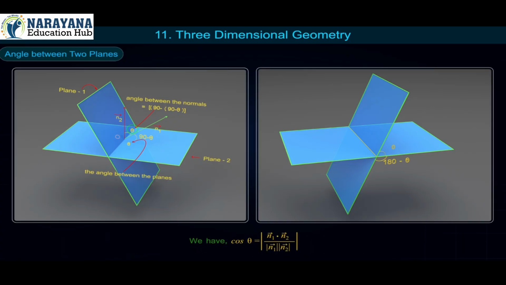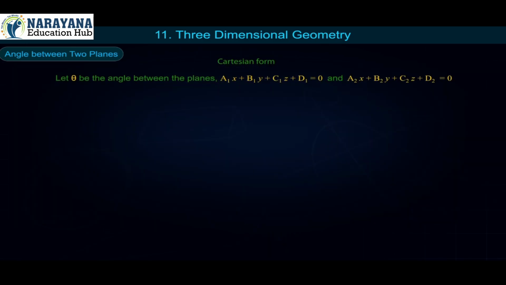We have cos theta = modulus of vector n1 · vector n2 upon modulus of vector n1 into modulus of vector n2. Cartesian form. Let theta be the angle between the planes a1x + b1y + c1z + d1 = 0 and a2x + b2y + c2z + d2 = 0.